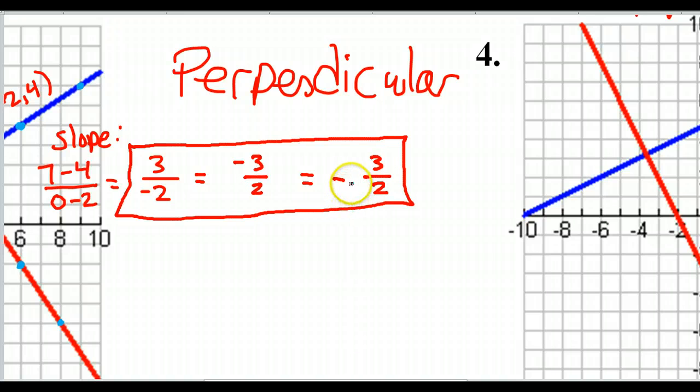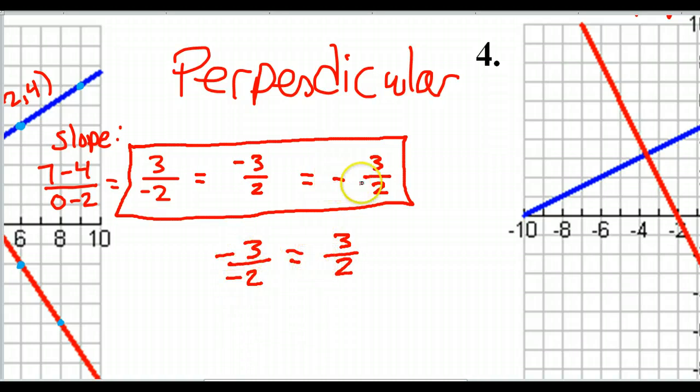They're the same thing. On the other hand, please understand that if you ever saw negative 3 over negative 2, if you were doing the calculations and you came up with this, I'm hoping that you would not leave it like this. Because what is this really equivalent to if I simplified it? This would be equivalent to positive 3 over positive 2. Okay, a negative divided by a negative is a positive.